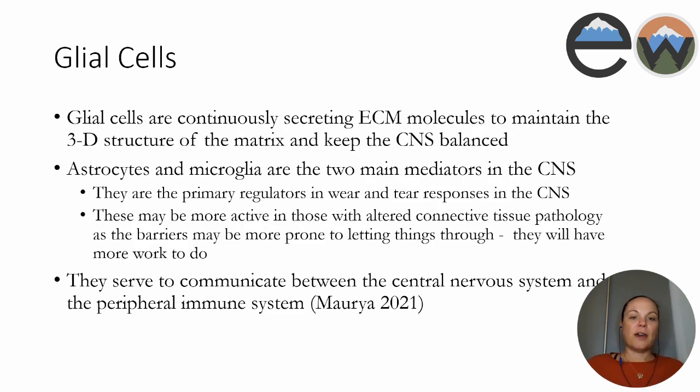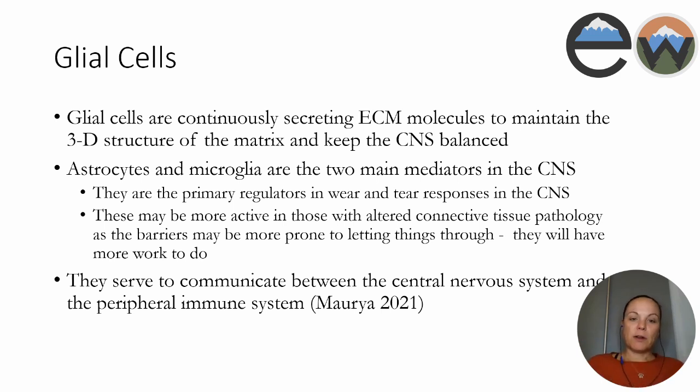So they are constantly secreting extracellular matrix molecules. They're trying to maintain the 3D structure of the matrix. They're trying to keep it balanced. So glial cells help maintain the health of the neurological tissue, similar to mast cells that communicate with their mediators with other tissues in the body.